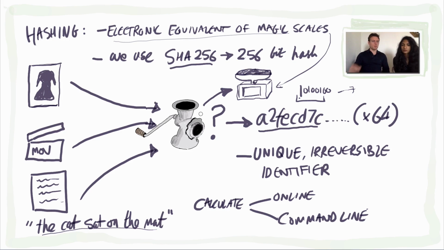But the most important thing, and I'm not going to go into too much detail, just enough to understand how blockchain uses hashing, is that the idea is that no two documents or no two assets will ever give the same hash, right?